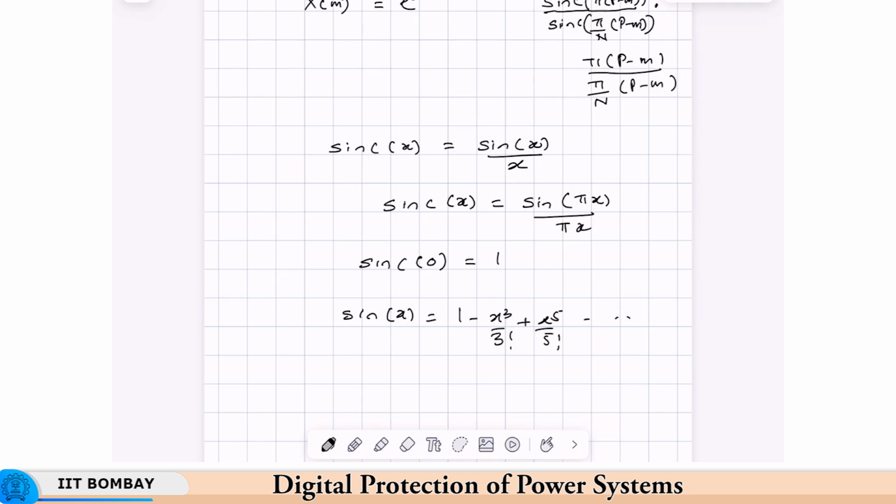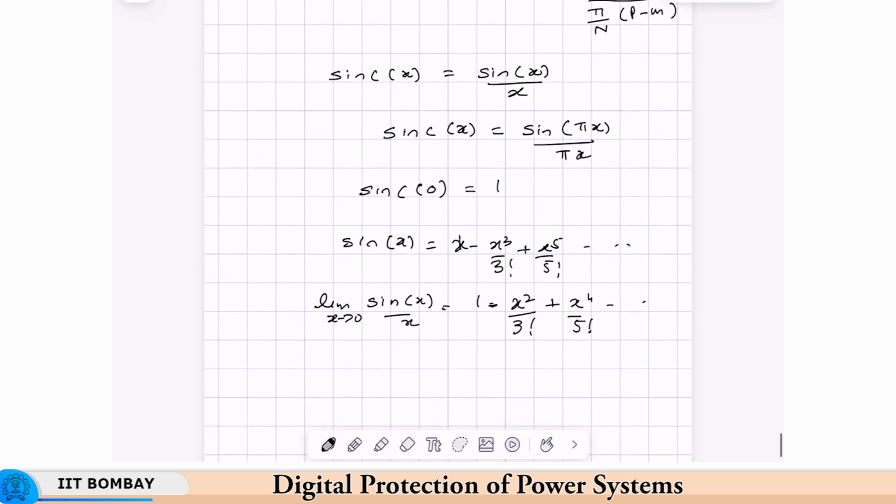So, sin of x by x, limit of x tends to 0, is equal to 1 minus x square by 3 factorial plus x to the 4 by 5 factorial, and so on and so forth, which is equal to 1. So, sinc of 0 is 1. Okay.